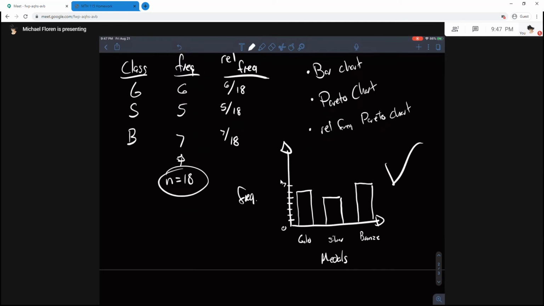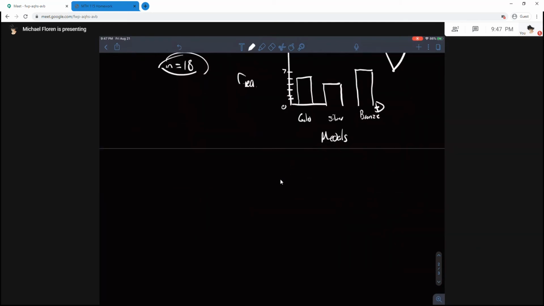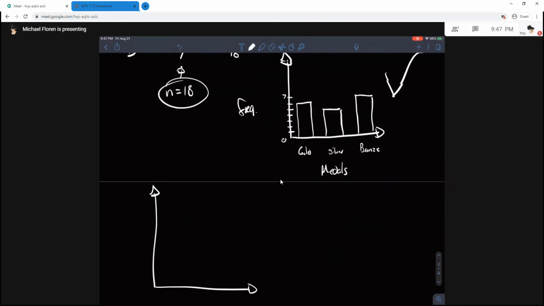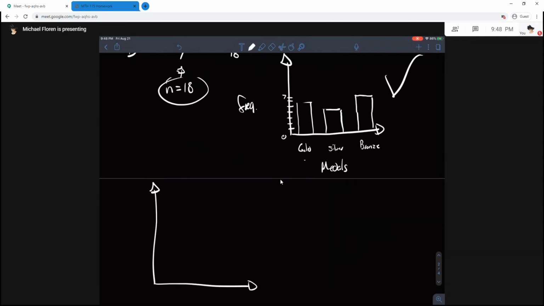Now for the Pareto chart, remember the Pareto chart is exactly like the bar chart, except the order is from highest to lowest. So instead of going gold, then silver, then bronze, now bronze is going to be moved to be before gold. So it's going to go bronze, then gold, then silver from highest to lowest.